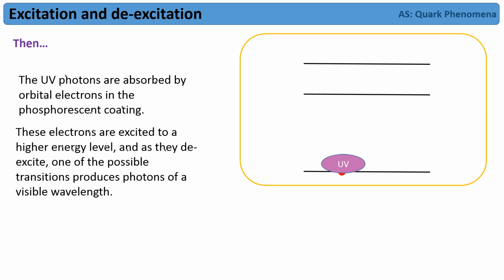So that electron absorbs the UV photon, gets excited up multiple energy levels, and then one of the transitions produces a photon of visible light. And it is that de-excitation and subsequent release of a photon that allows us to see light when we switch our mercury lamp on.